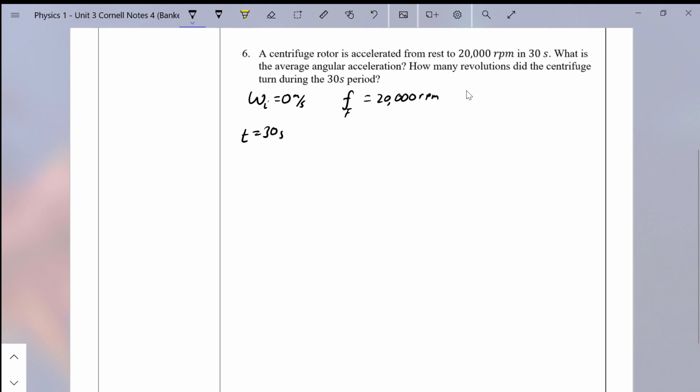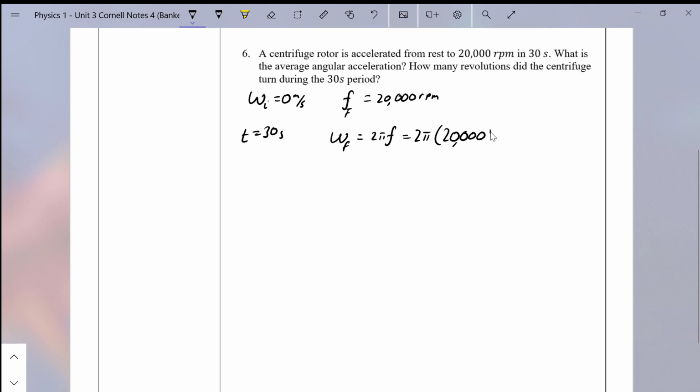The first thing I would do is get this final frequency into omega final, and we'll use omega final is equal to 2 pi times f to do that. So that is equal to 2 pi times 20,000 rotations per minute.